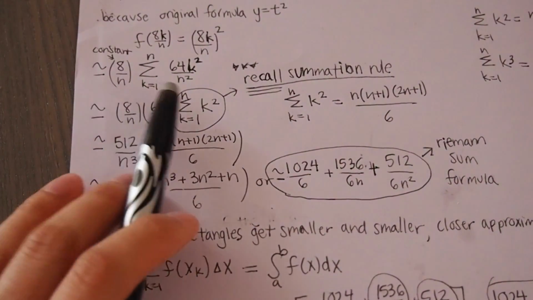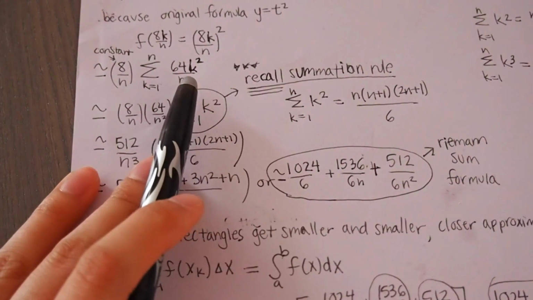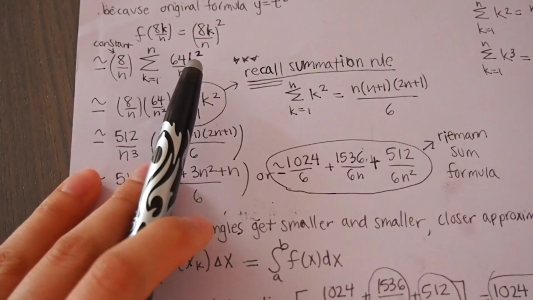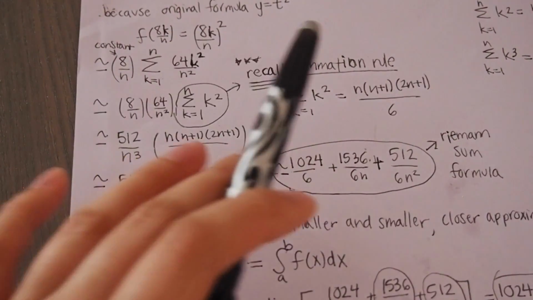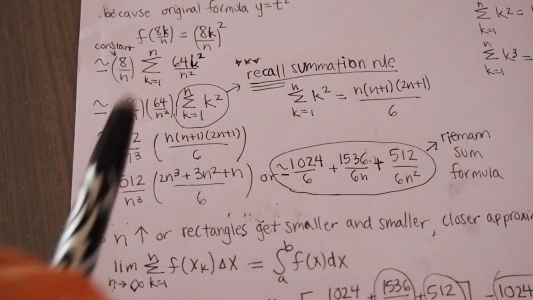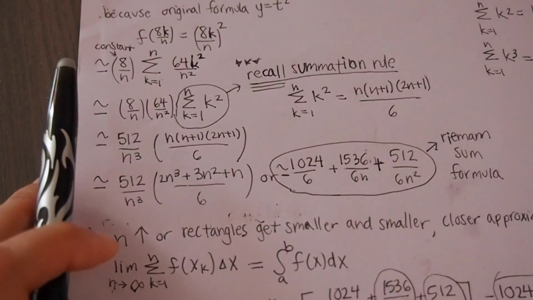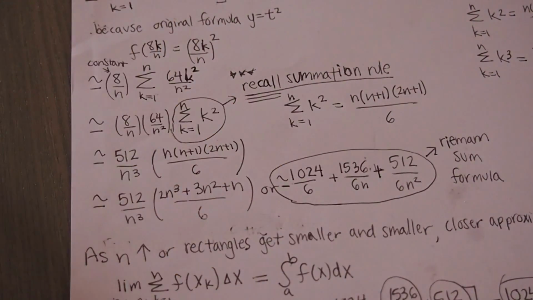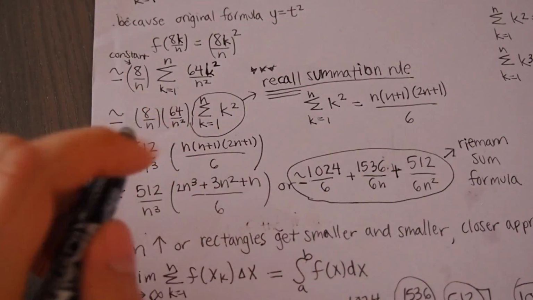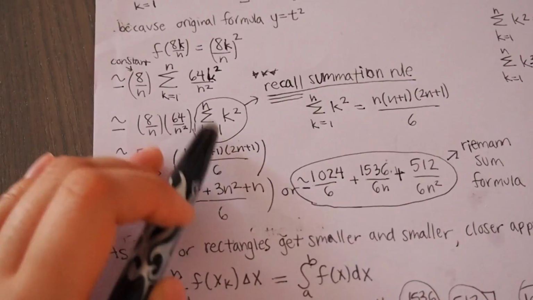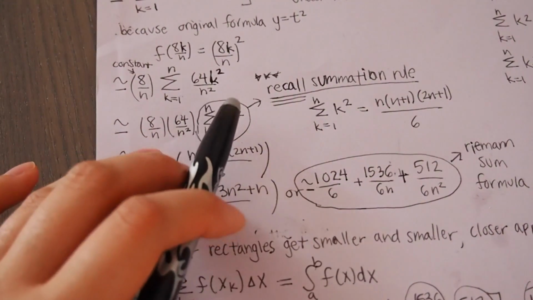Because we have two variables right now, n and k, we're going to isolate the k value so that we can use the summation rules in order to find our equation in terms of n. In this case, n is going to be a constant because it's not the variable we're worrying about. So we're going to isolate k, and we get the summation of k squared.